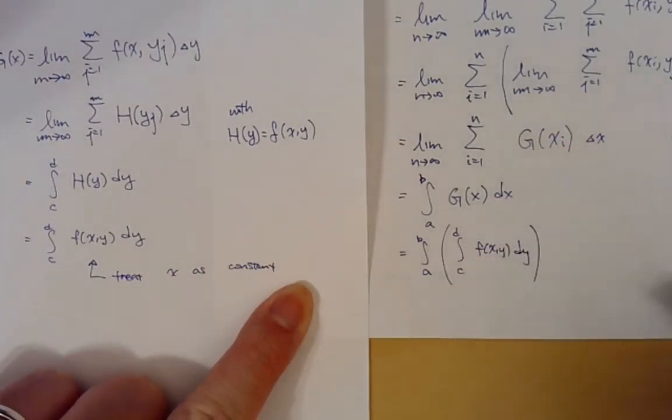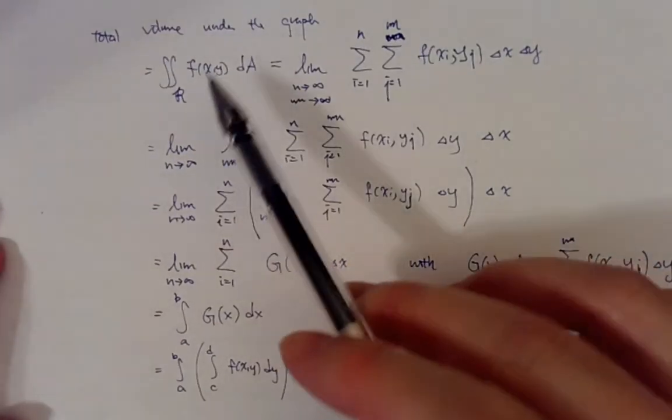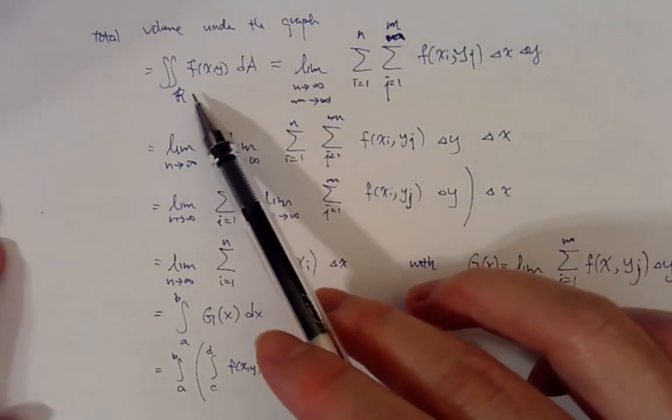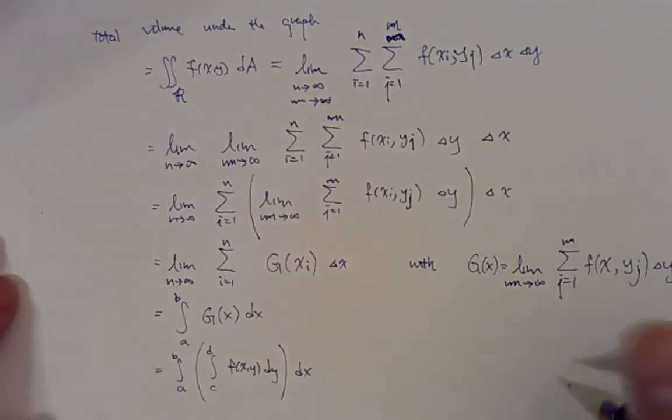That's g of x, and we still have the dx outside. So that is our derivation for the volume under the graph, the double integral, as an iterated integral, integrating y first, then x. And so that's the end of the proof.